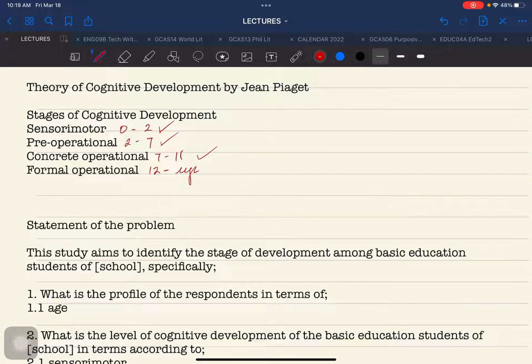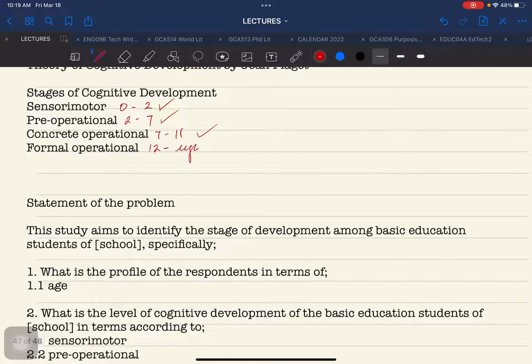So, the initial part is already the general problem, which is the objective of the study presented in the initial statement of the statement of the problem. Okay, so number one, I used profile of the respondents.